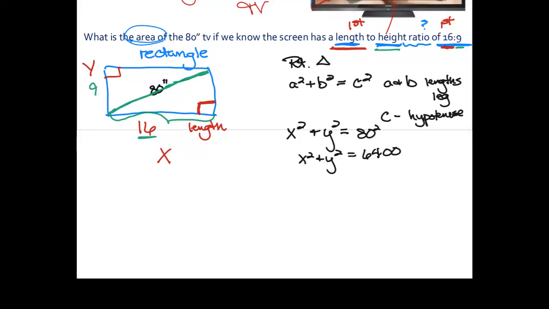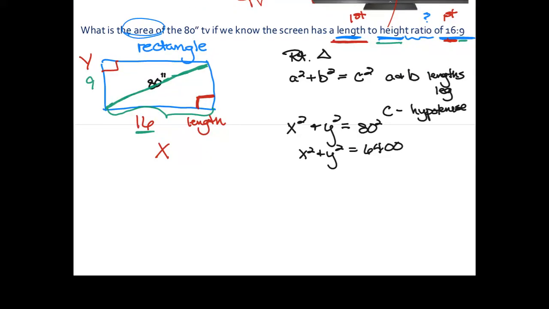And I also said this is going to be a multiple of 16, but we don't know which one. 16 times 1 is 16. 16 times 2 is 32. 16 times 3 is 48. 16 times 4 is 64, etc. How can I represent this length using 16? So let's get rid of the x and the y, because that's not going to work.